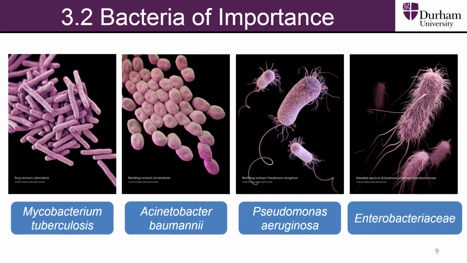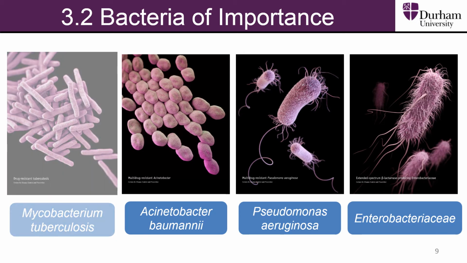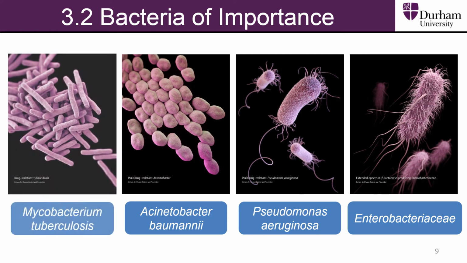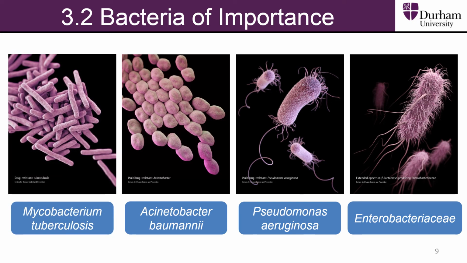As we have just discussed, antimicrobial resistance is now becoming a major issue, and so the World Health Organization have released a list of bacteria that are of critical priority in terms of treatment and management of antimicrobial resistance. These include Mycobacterium tuberculosis, which, as previously mentioned, is a major killer globally.